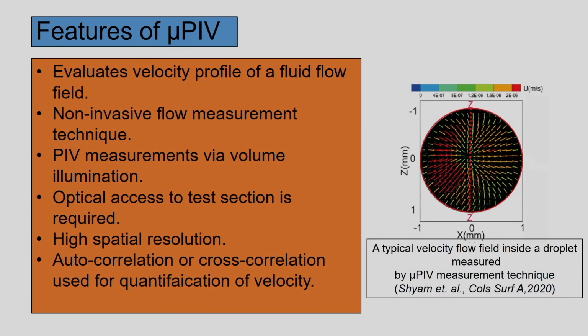So from the image which is shown here, it is clear that using this technique we can qualitatively predict that the flow is radially inward. What you can see from the direction of the arrow shown over here is that fluid is trying to flow from outside to the inside, that is radially inward flow. This is the qualitative estimate.